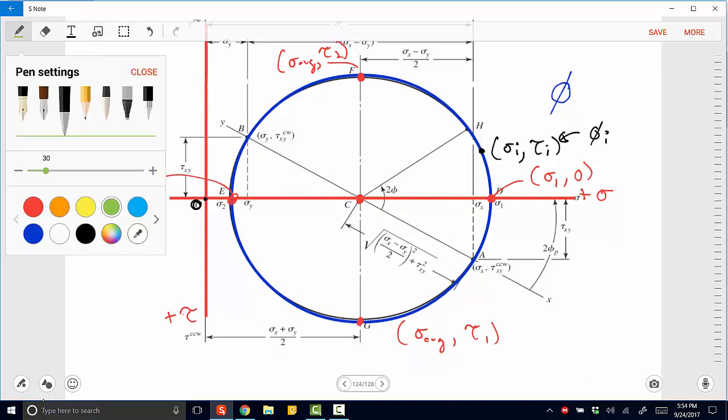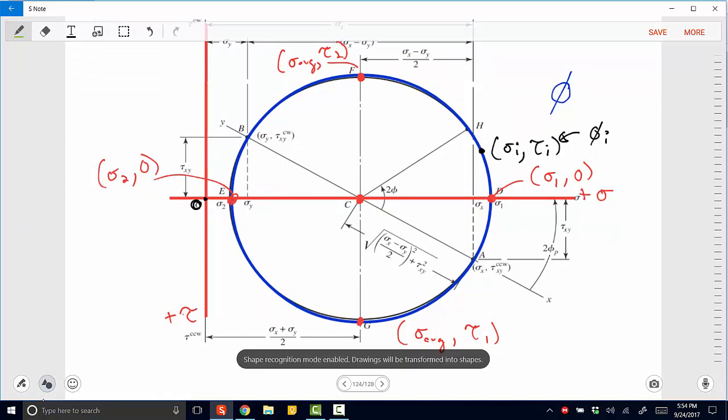Now, another line that we need to draw and that we need to consider is the line that represents the angle that the standard or the original state of stress takes through our circle, right? Because we have sigma x, sigma y, tau xy. We have this stress element.